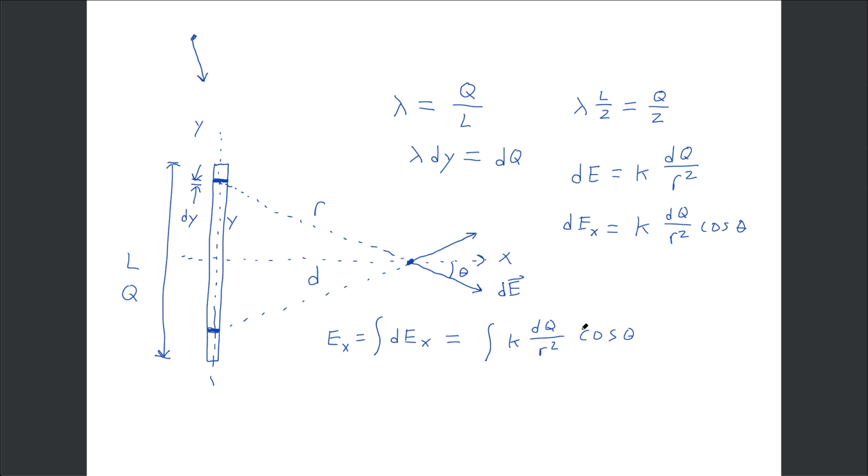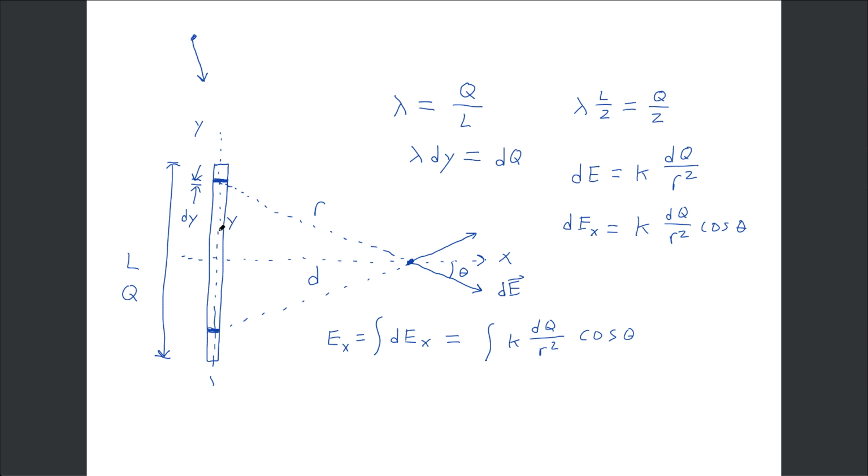So what we want to do is write all this stuff in here in terms of a single variable that's changing as we integrate, as we add together all the contributions from all these little points that make up our line of charge. And so what's a variable that identifies the different points that we're at on this line of charge? We can use the y coordinate of those points.